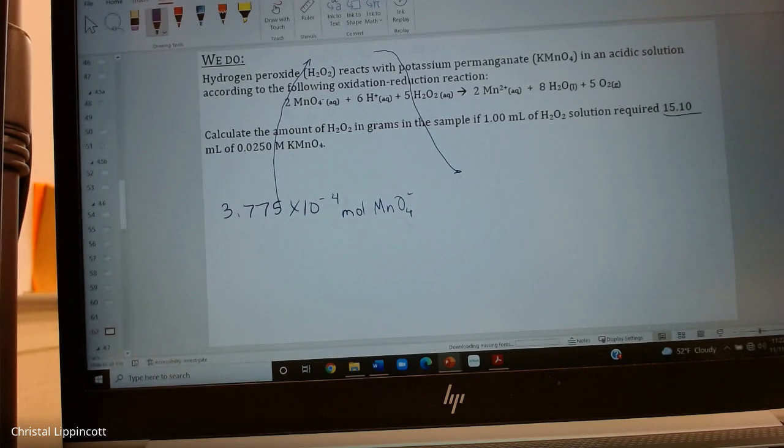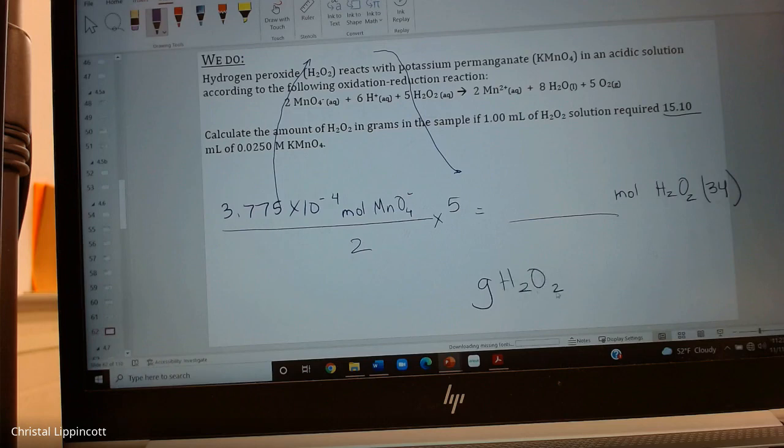So if I divide by 2 and multiply by 5, that's going to give me my moles of H2O2. And then what am I going to do with that value? Multiply it by 18. Nope, it's H2O2, so 34, and that's going to give me my grams of H2O2.